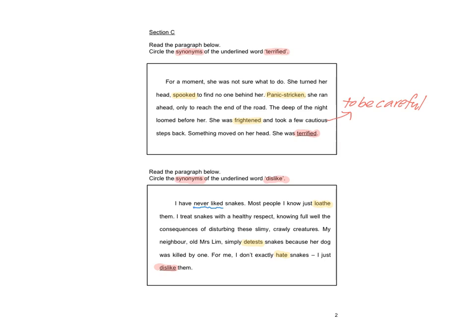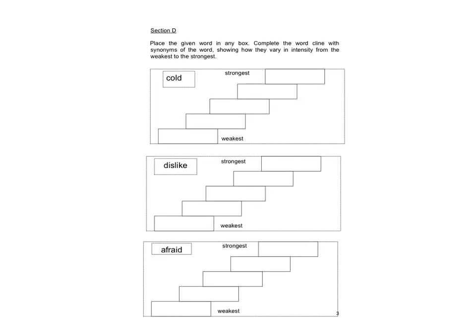It is a phrase. That is why never liked is not chosen. Because synonyms, we are looking for a word with the same meaning. Finally, for page 3, we have the word climb.